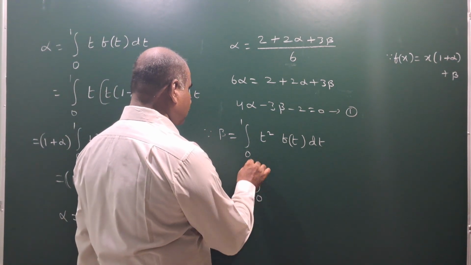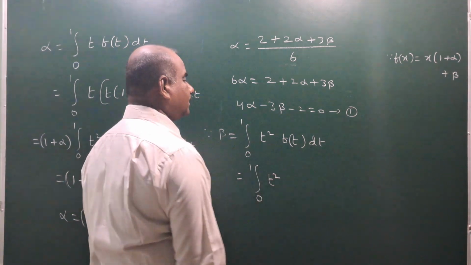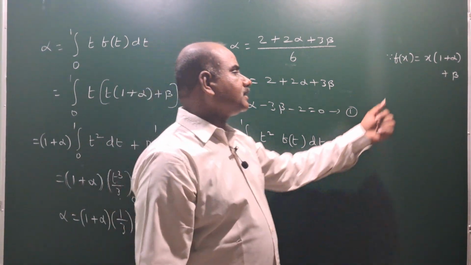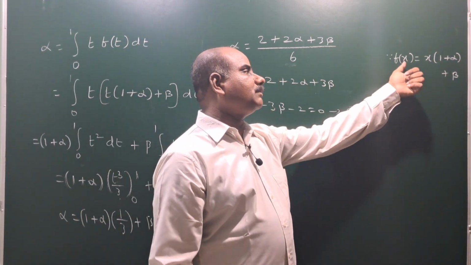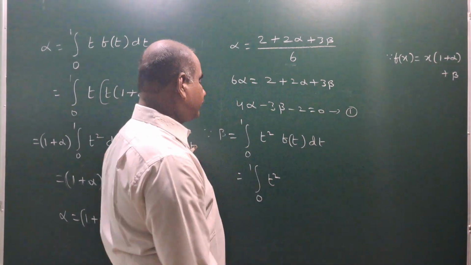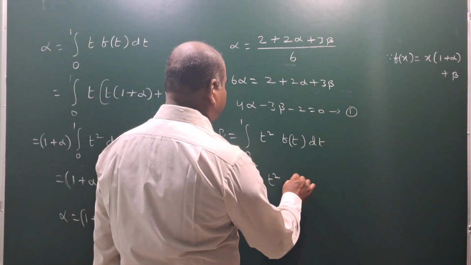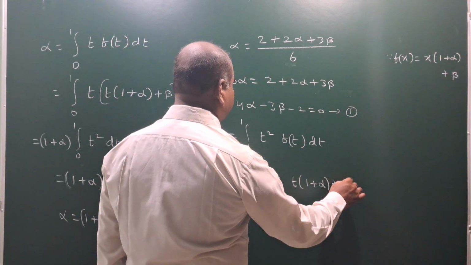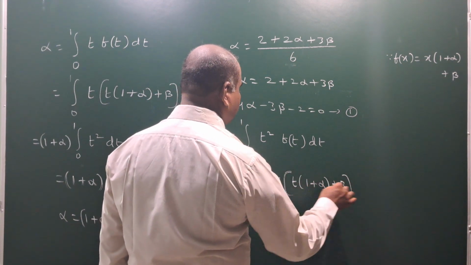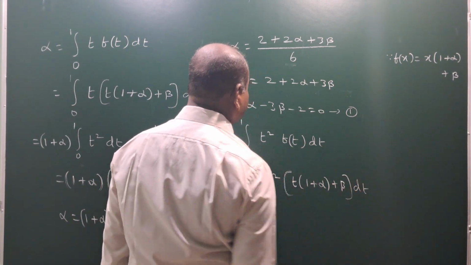So integral 0 to 1 t square f of t. Here f of x is equal to x into 1 plus alpha plus beta. f of t means just replace x with t only. So it is equal to t into 1 plus alpha plus beta whole dt.